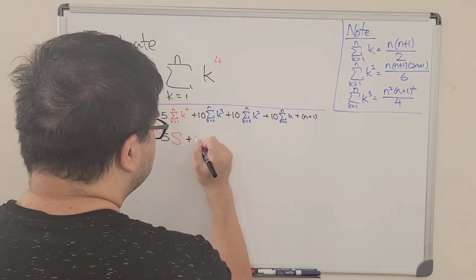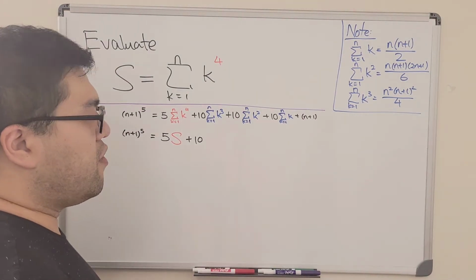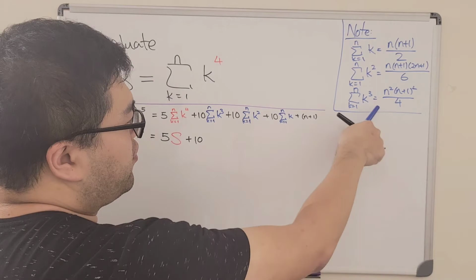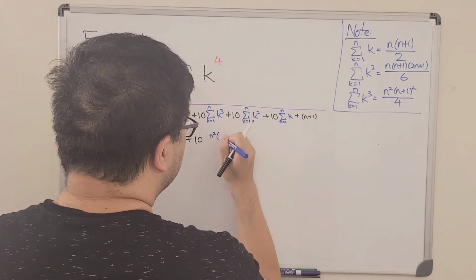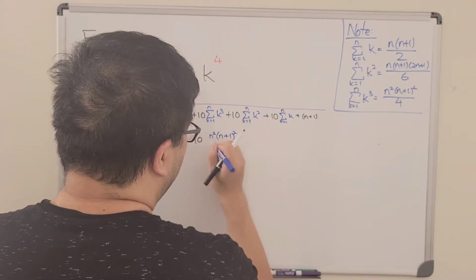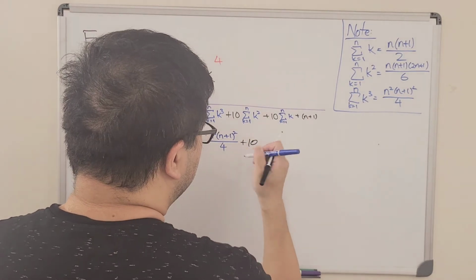And what are the rest? Well, we get 10 times the finite sum of the cube numbers, and I've already written aside that the closed form of it is this: n squared times n plus 1 squared all over 4. And similarly, we can just do a substitution for the other two.